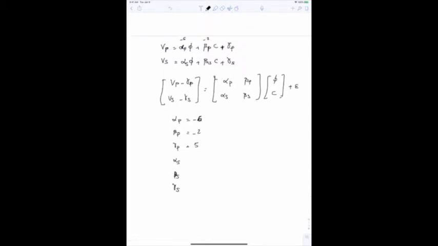This is 5. So the first equation would be something in the form -6 porosity, -2 clay content, +5. This alpha and beta are both negative because, again, if porosity and clay content increases, the velocity decreases. And then we have something similar for Vs. This is something in the form, I'm looking at the numbers here, -5, -2, and 4.